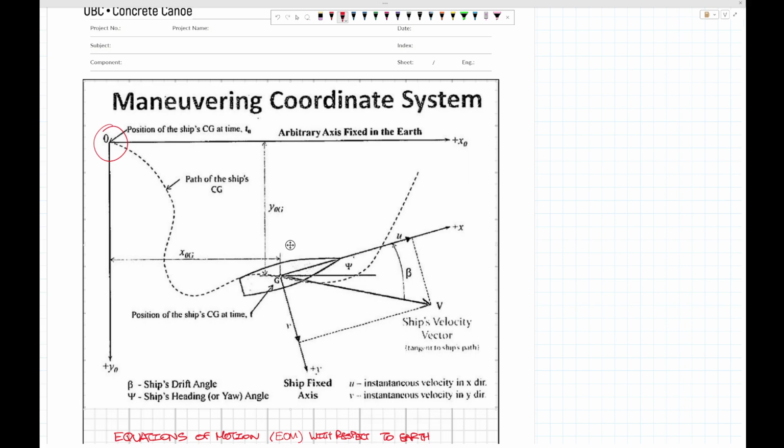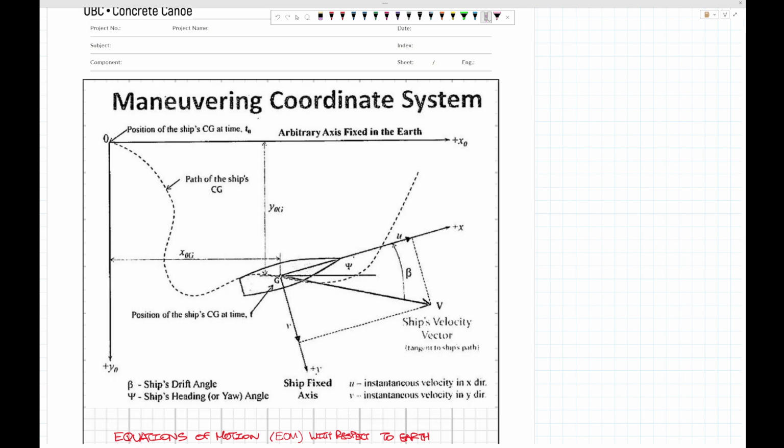Assuming we have an arbitrary origin somewhere on Earth, with an x-axis here and a y-axis here, the boat moves along and has its own axes, with x along the longitudinal axis and y along the transverse axis. Obviously this boat can turn, and then the axes of the boat change with respect to the Earth axes.